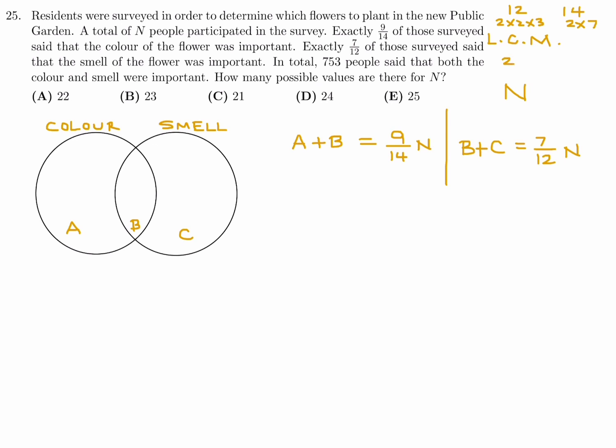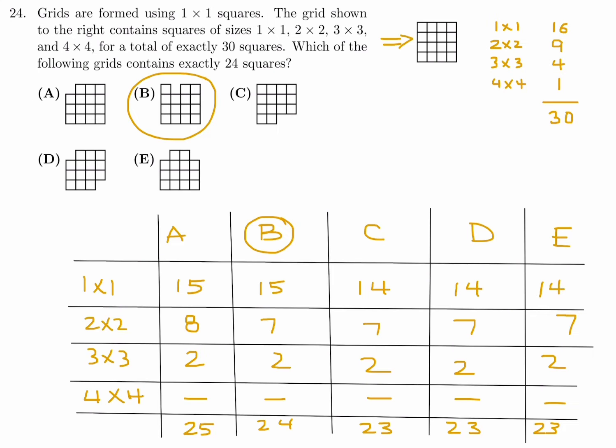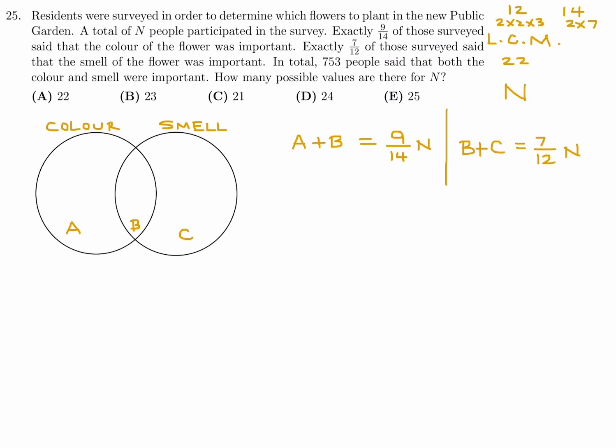So the least common multiple is 2 times 2 times 3 times 7, and that's 4 times 21, which is 84. So n is of the form 84k. It's got to be some multiple of 84.